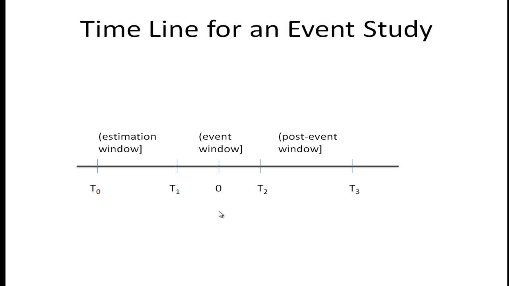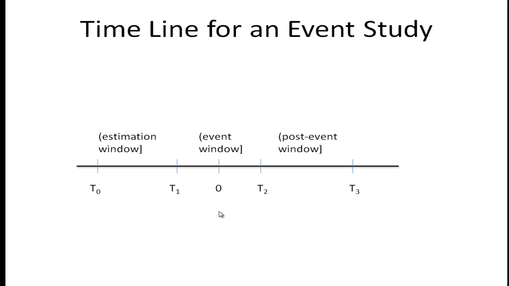So a company announces a merger on January 15th of 2006. Another company might have announced a merger on April 3rd of 2002. Those would both be event time 0.